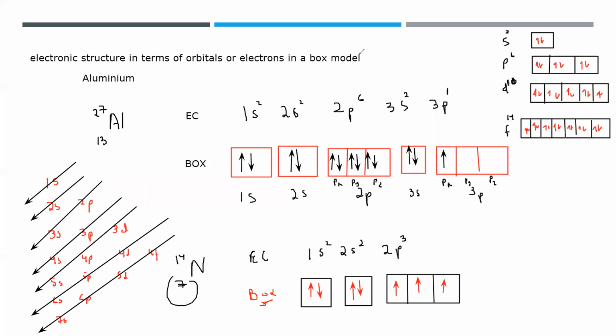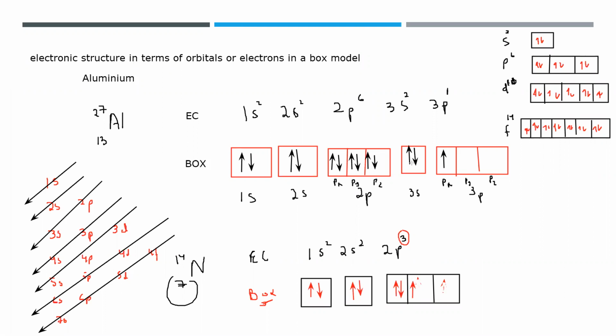So either all the arrows up or all the arrows down. Because electrons are like charges, they repel each other. You don't fill up first; you have to complete the one box. It's not like that first it will complete one orbital and then the third.